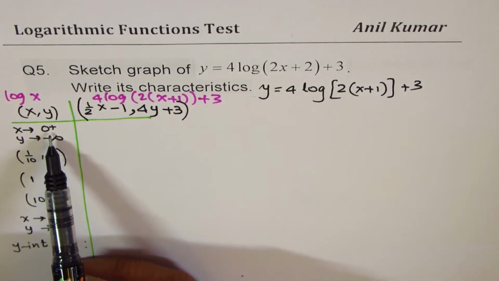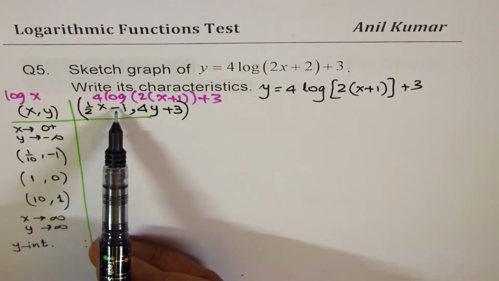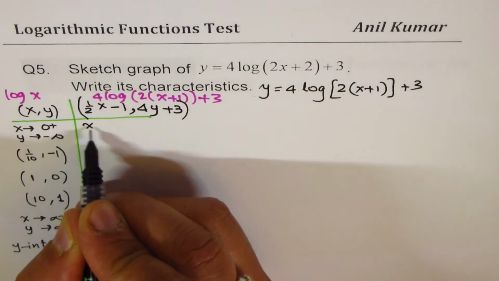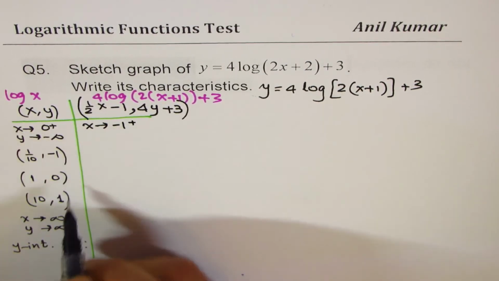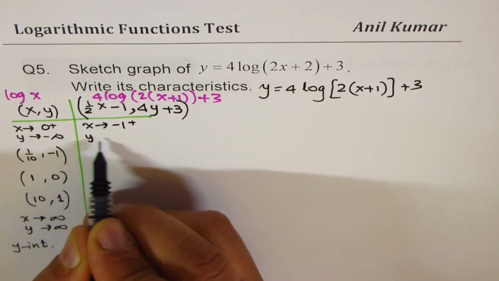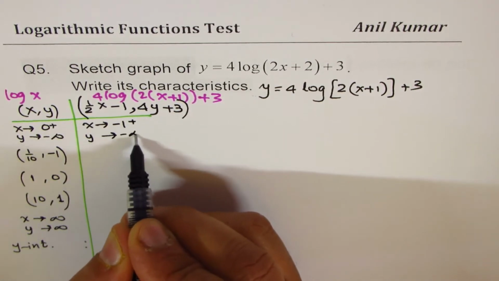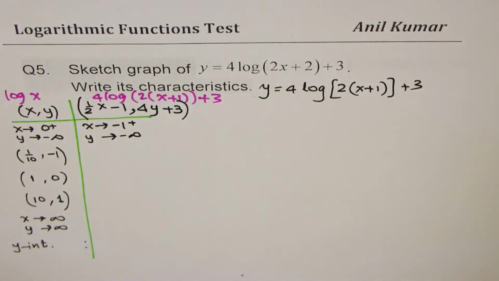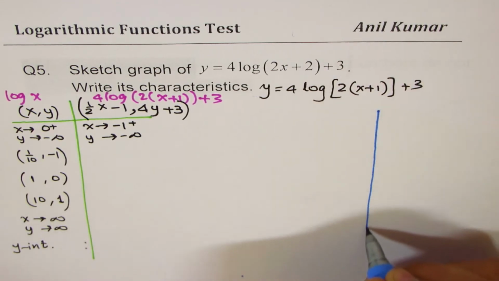So for the first one, when x approaches 0, 0 multiplied by half is 0, minus 1, that changes to x approaches minus 1 from the positive side, y approaches, now negative infinity times anything will give us negative infinity. Is that clear? So on a graph, it will look something like this.